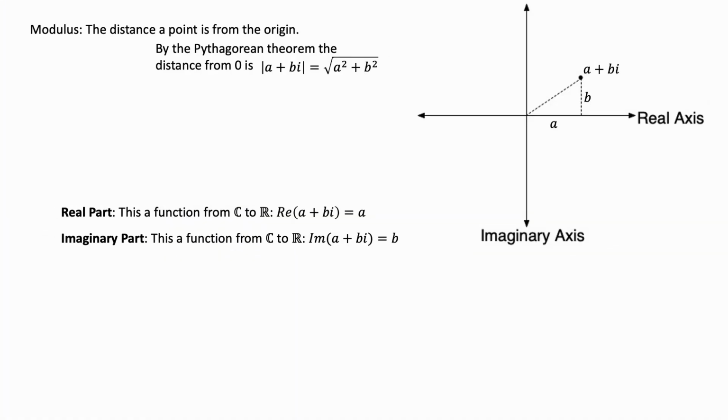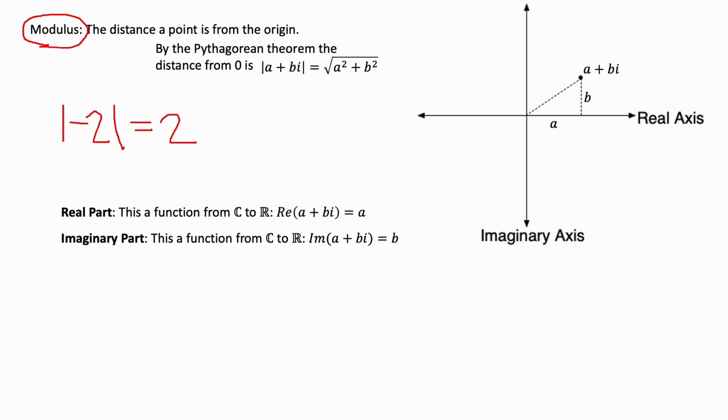Alright, here's a couple other things. This isn't necessarily in the book, but I thought it's kind of interesting. Notice that when we talk about absolute value in real numbers, we're talking about the distance a number is from 0. Well, the modulus is the complex version of absolute value.